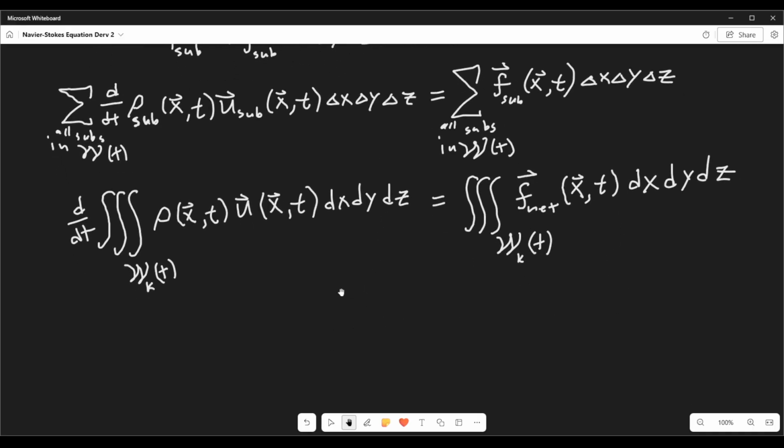So basically, the next step is to solve the time derivative on this side of the equation, which would be trivial, except that it turns out since the volume depends on time, it's actually a bit more complicated.